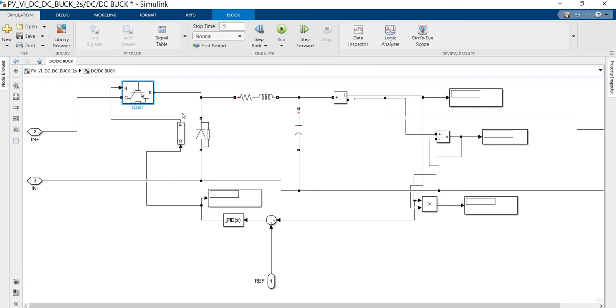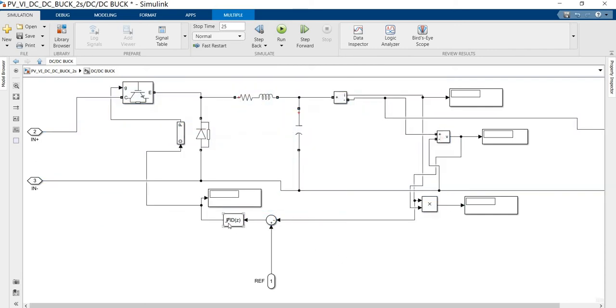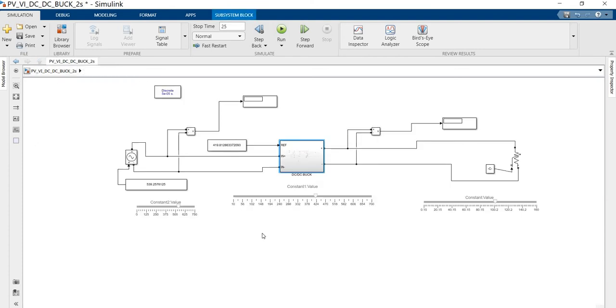This is the basic circuit of the buck converter. The closed loop control is implemented using the PID controller, proportional, integral and derivative. I will also give the reference value, so the output voltage is maintained at whatever reference we give.